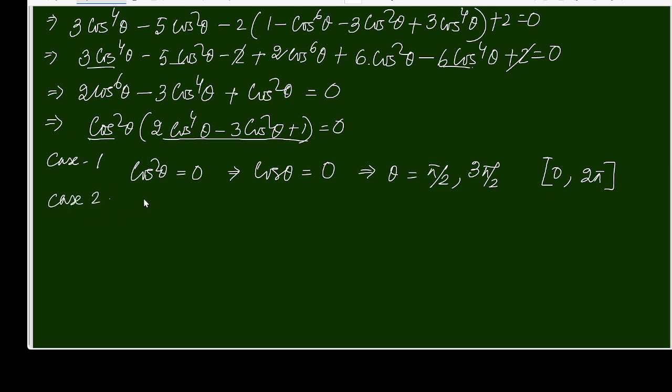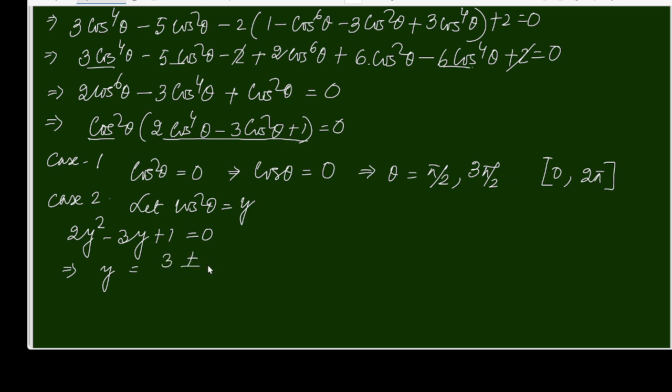Now case 2. I am taking cos^2 theta as y. Directly you can write, but I am writing 2y^2 minus 3y plus 1 equals 0. So this is a quadratic equation in y. This gives me y equals (3 plus minus square root of (9 minus 8)) upon 4, or y equals (3 plus minus 1) by 4.